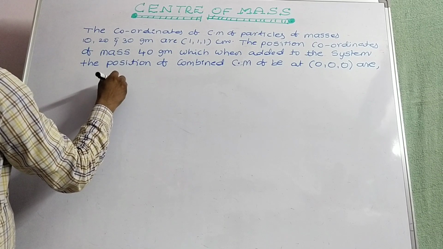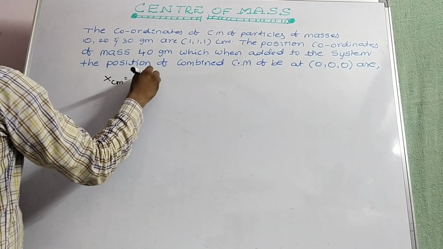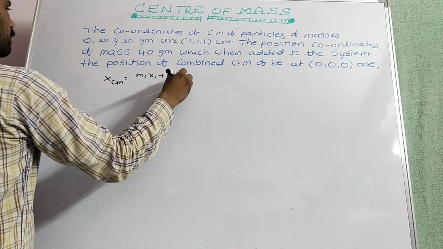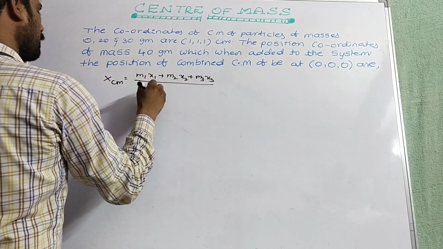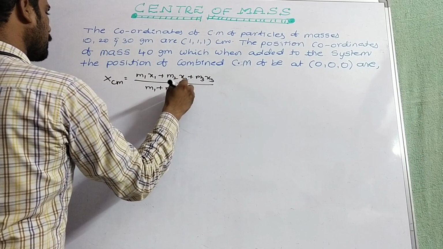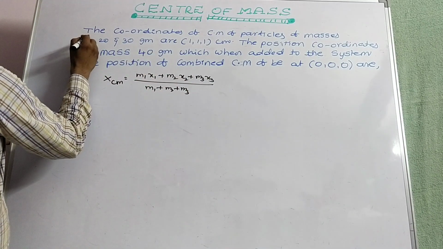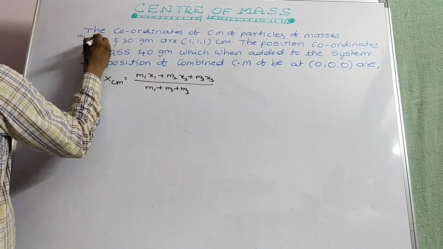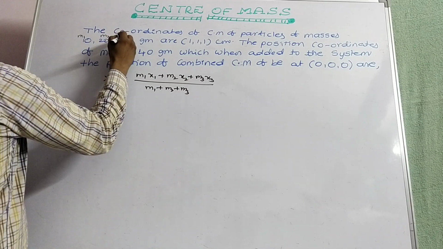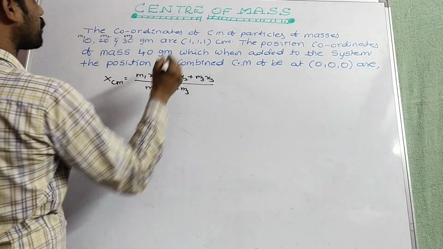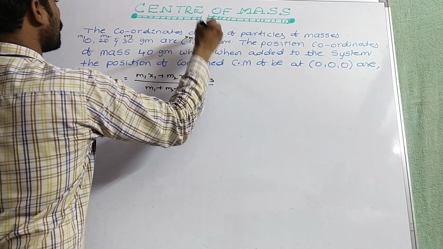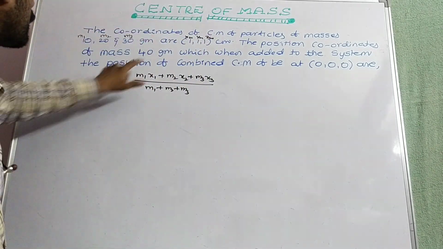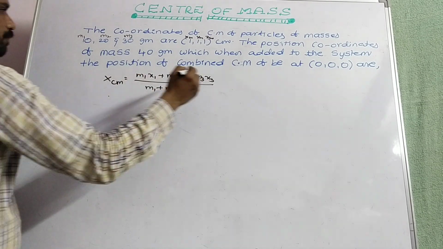Say XCM is equal to m1x1 plus m2x2 plus m3x3 by m1 plus m2 plus m3. Here m1 is 10 grams, m2 is 20 grams, m3 is 30 grams. Here we have XCM, YCM and ZCM. So instead of XCM we write 1.